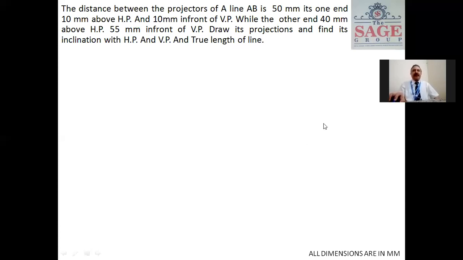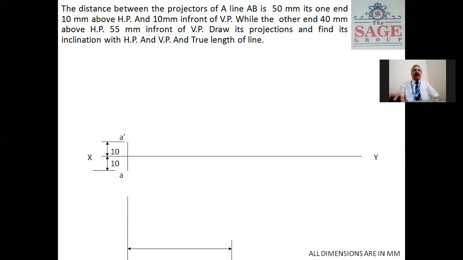Now try to understand. First of all, draw the XY line. Then first we draw point A, that is 10 mm above HP and 10 mm in front of VP. So this A dash A comes. Now we draw another projector at a distance of 50 mm from this projector.